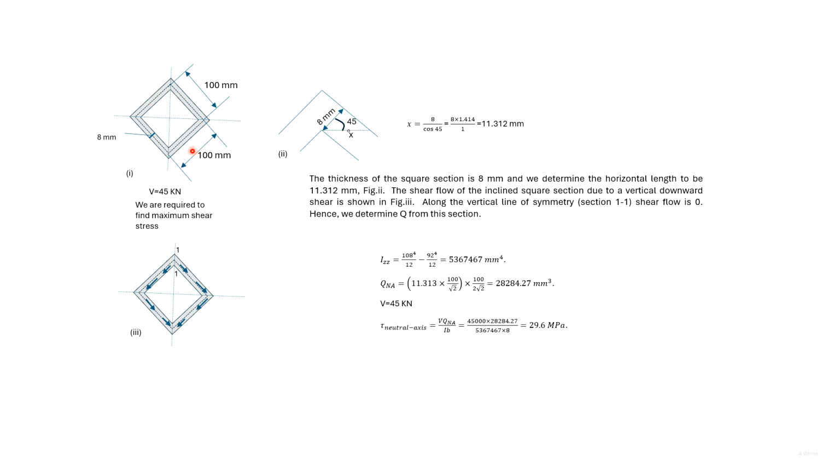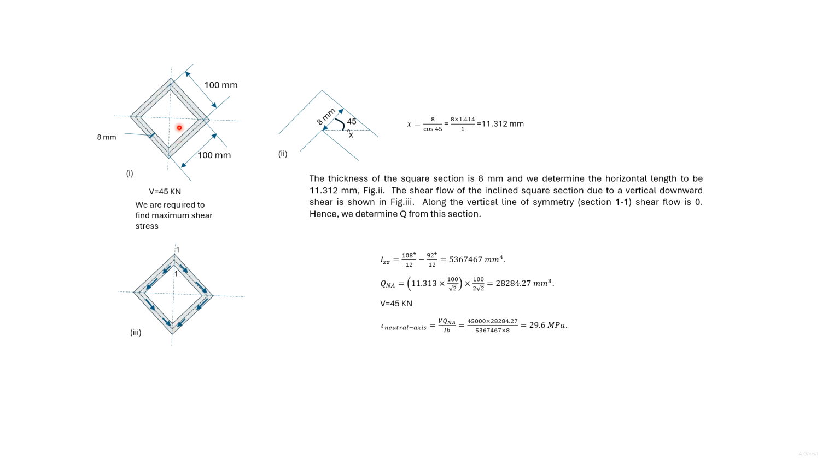For a square oriented as shown here, the moment of inertia about this axis is given by this expression. Here 108 is the length of the side of the outer square and 92 is the length of the side of the inner square. The shear stress on this axis of symmetry is 0.